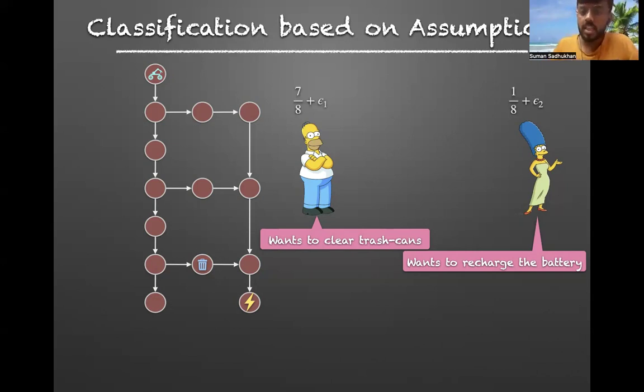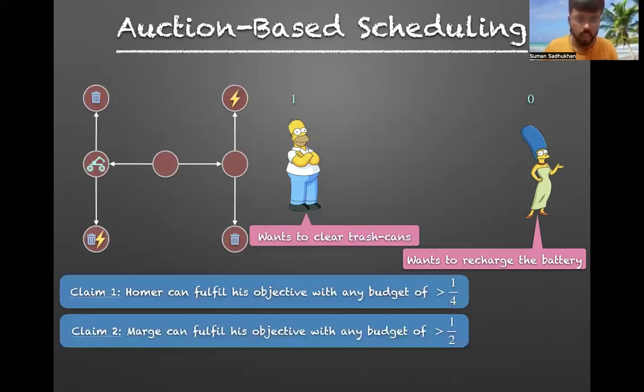So this is an example. Who decides the budget of Homer and Marge, both of them? So we consider two separate bidding games, one for Homer and one for Marge. I had shown it here.